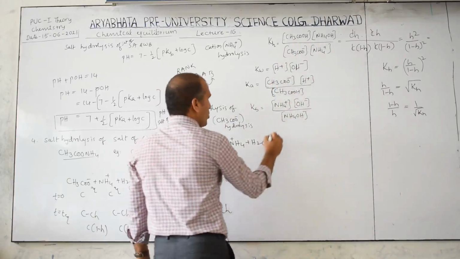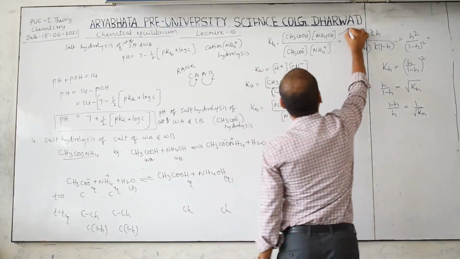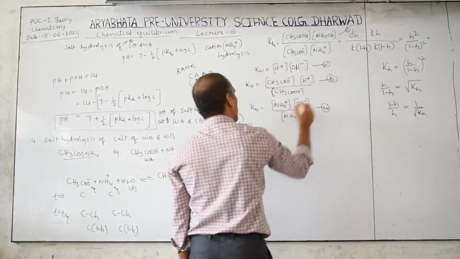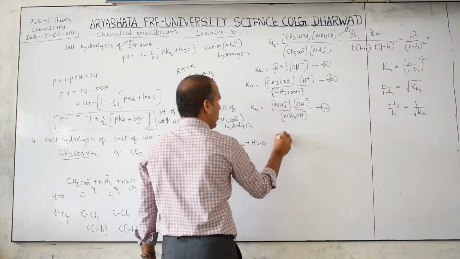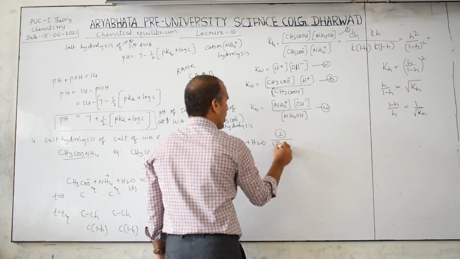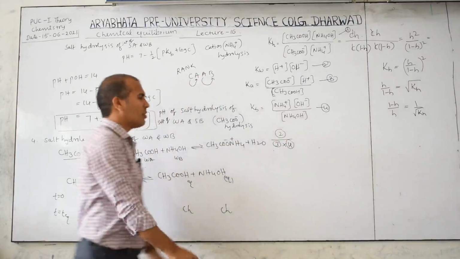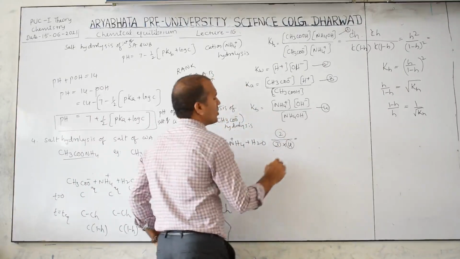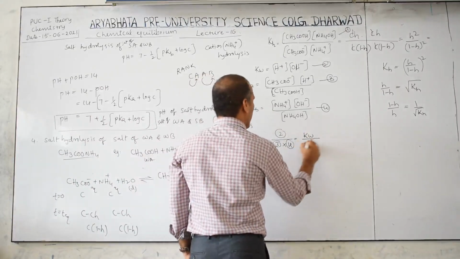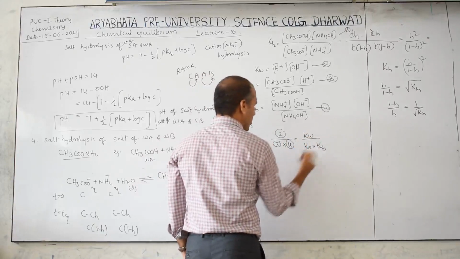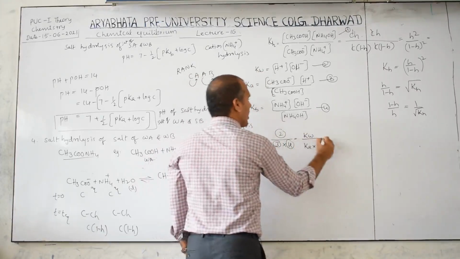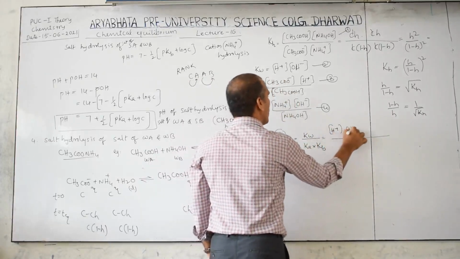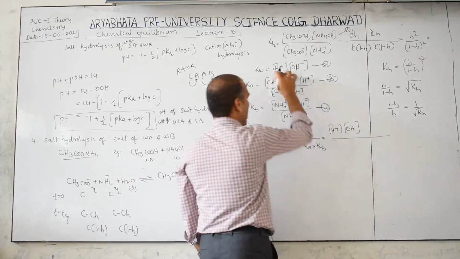Then what you have to do: this is equation 1, this equation 2, equation 3, equation 4. Then I want to write equation 2 by 3 and 4, equation 2 in the numerator, and 3 and 4 in the denominator. Now what is 2? Kw by Ka into Kb, that is the left side part. The right side part: H plus ion concentration into OH minus ion concentration, this is Kw.